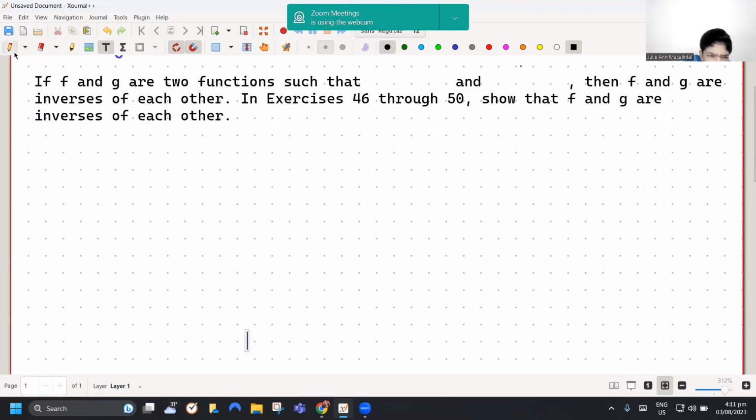So, yung 47 ay 1 over x plus 1. And so f is 1 over x plus 1, g is 1 minus x over x.